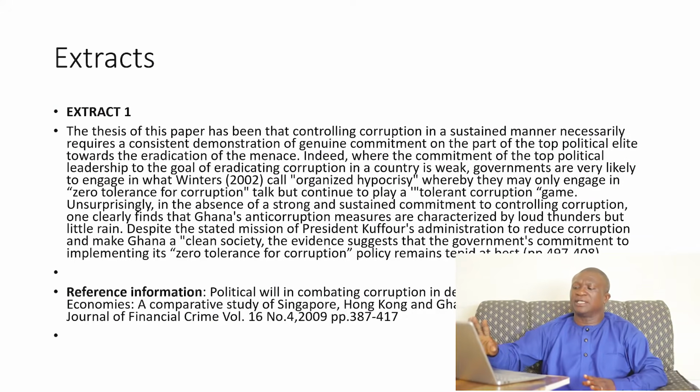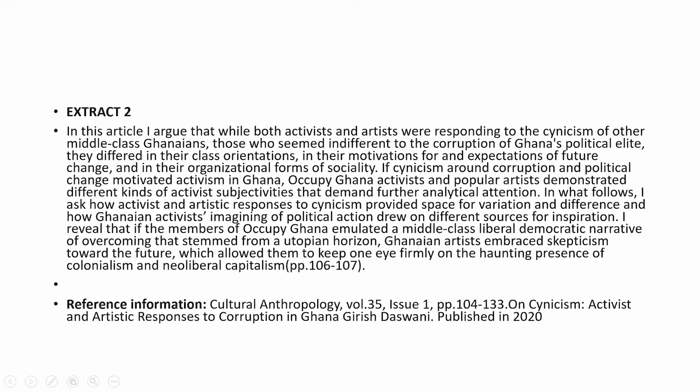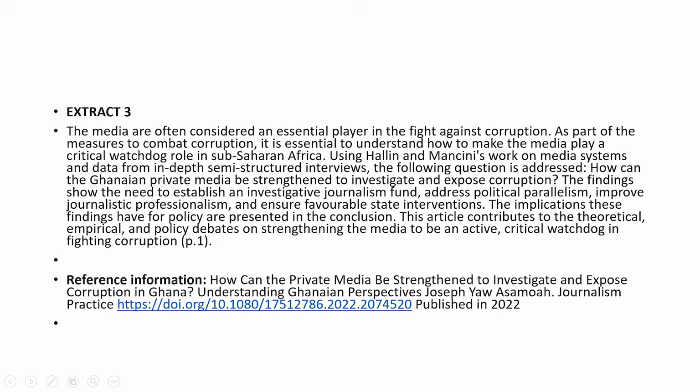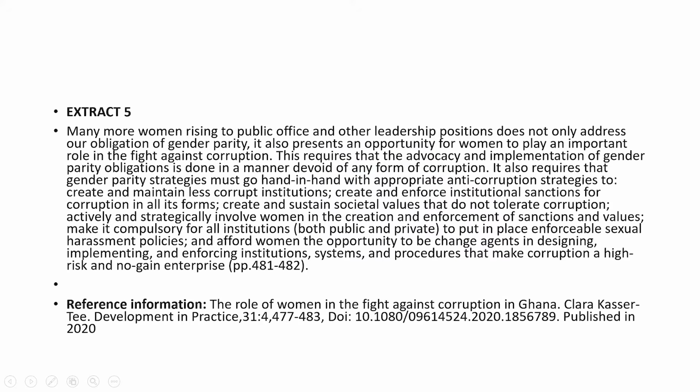Now, let's look at the extracts that we have. So we have here extract 1. This is an extract from somebody's piece of writing on corruption. Then we have extract 2, also based on corruption. Extract 3, extract 4, then we have extract 5.